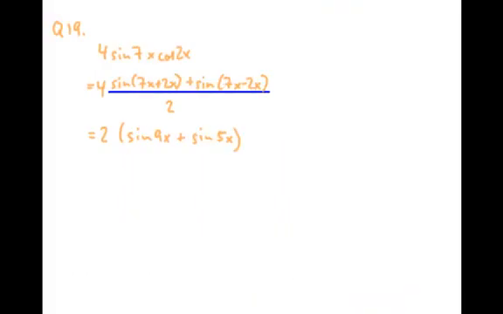And this is what I would come up with. This is actually the long way of doing this particular problem. They don't say that I have to do it this way, but I'm guessing, since the product to sum formula was introduced a problem ago, that's what I should be using. That's the product to sum formula.